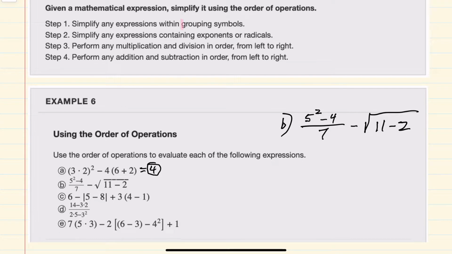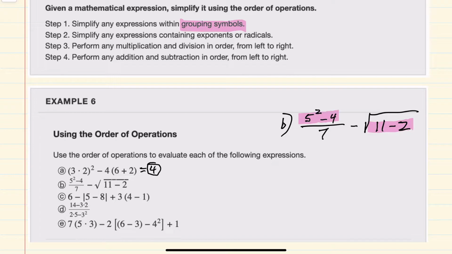Here, when we start with our grouping symbols, I can see that this numerator has been grouped together so that it's all in the numerator over 7, and that underneath the radical, this is also being grouped together. So I can start by evaluating each of these. In the numerator, I have both an exponent and subtraction.